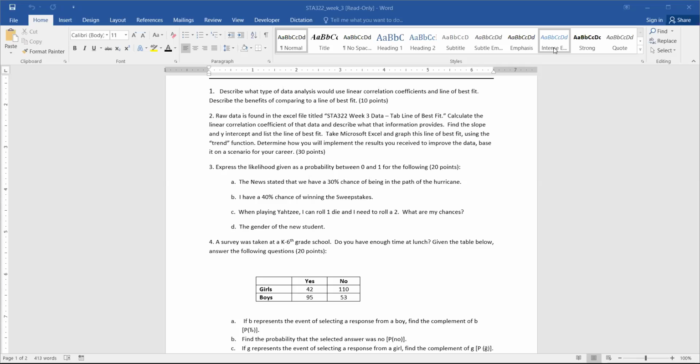So all it is saying is that, all other things being equal, if you just surveyed another student without knowing ahead of time that it was going to be a girl or a boy, that would be the probability of getting a boy. Or the probability of selecting a response that wasn't from a boy. That's what the complement is. And we have to think about the complement.